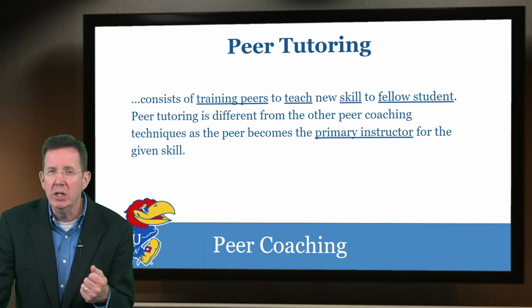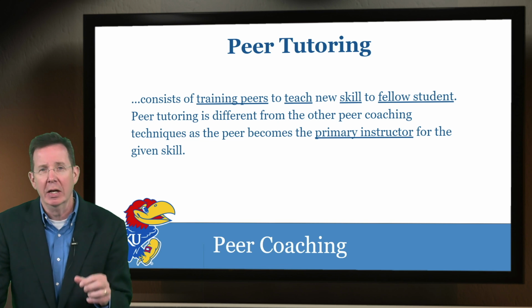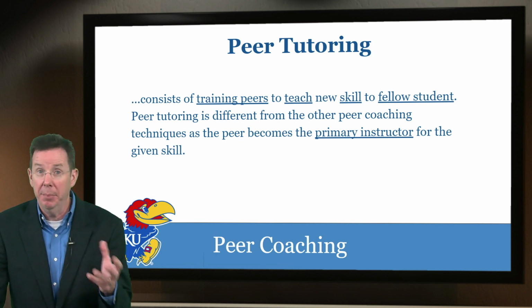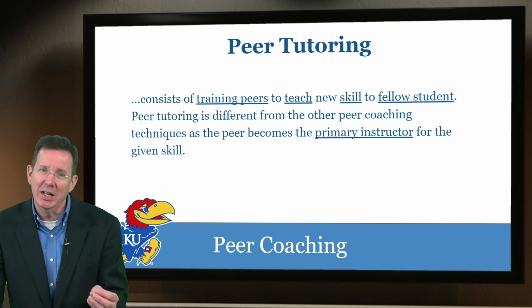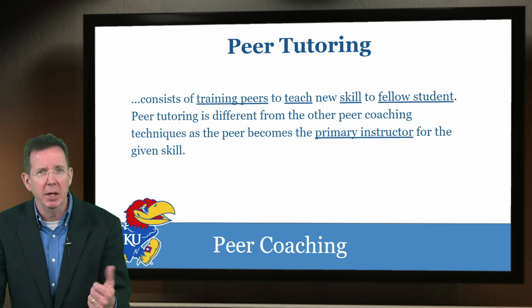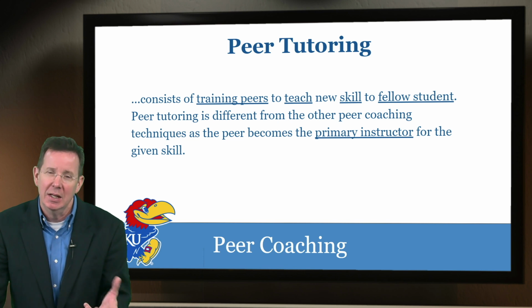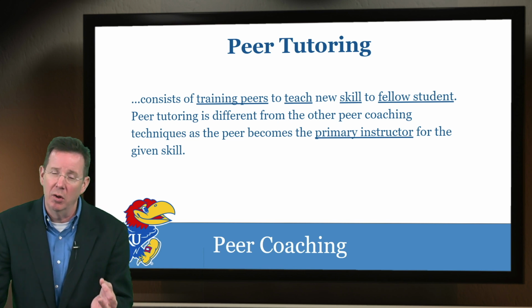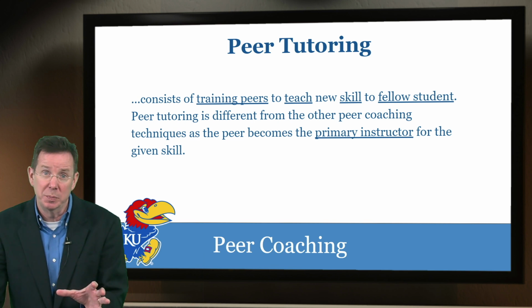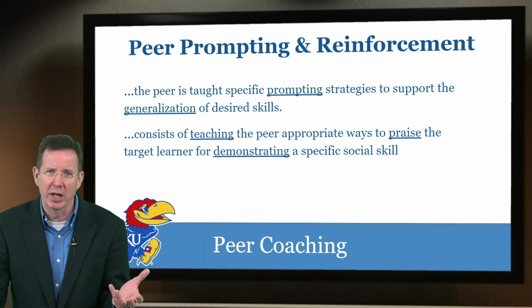In this instance, we, the educator, teach the desired skill in a very explicit manner to the peer that then can facilitate it and teach it to their fellow student. This is a little bit more complex, very much explicit, has an element of modeling as well, but it facilitates what the individual comes into that practice and generalization experience with, and that is that knowledge and understanding.